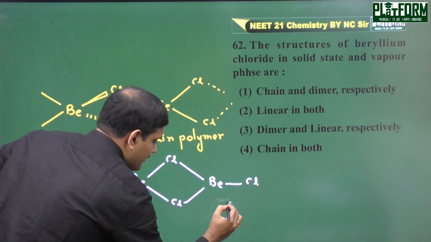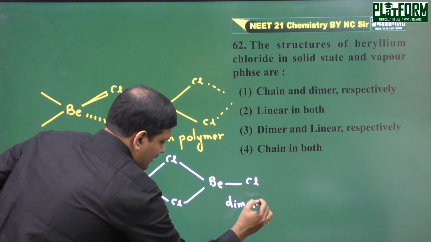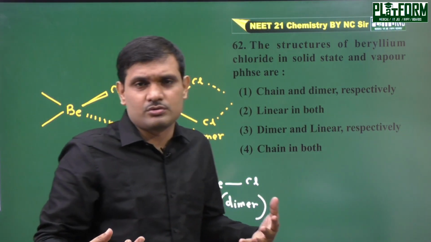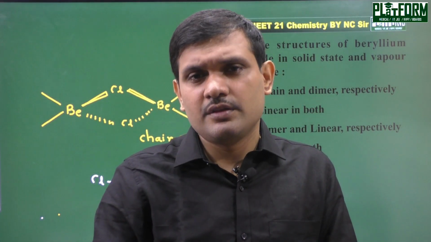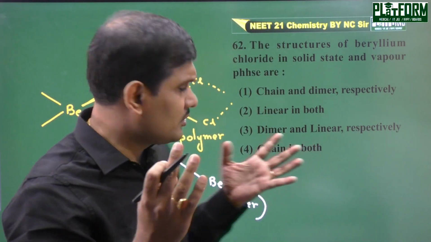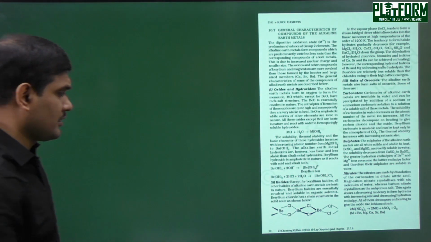It will be a dimer in vapor state. And if you increase the temperature more, more than 1000 degrees centigrade, in that case it will exist as a monomer, as BeCl2. So this question is directly asked from NCERT text.